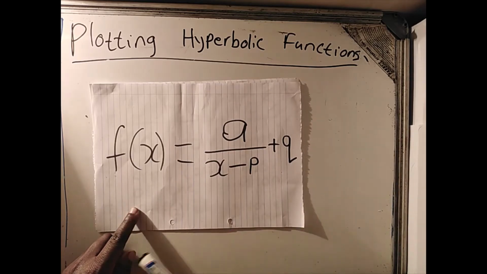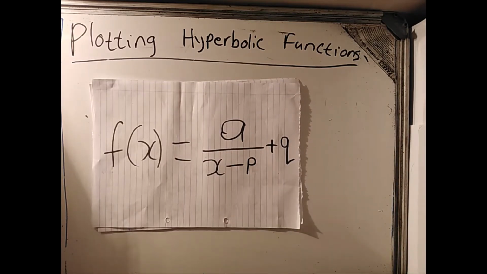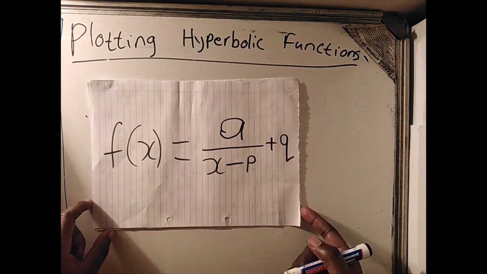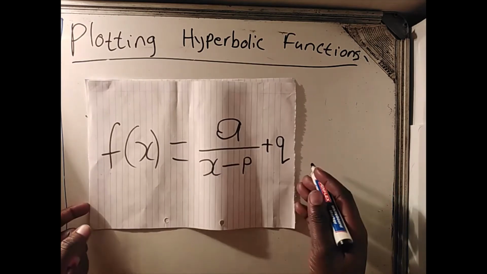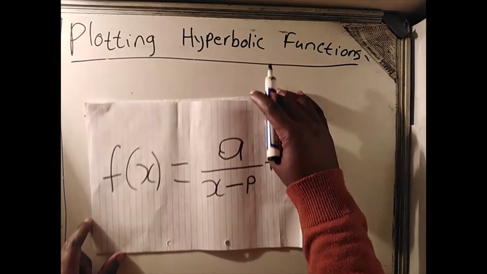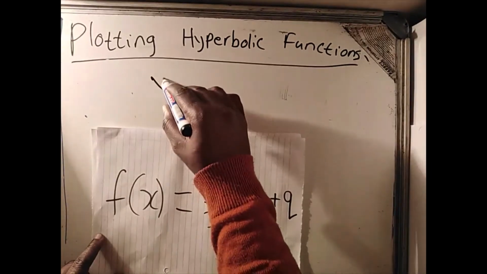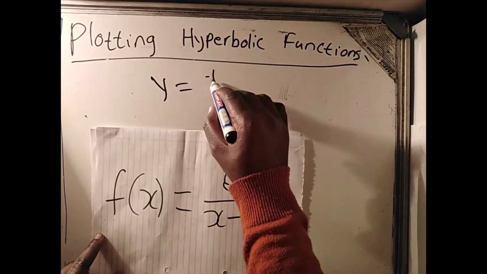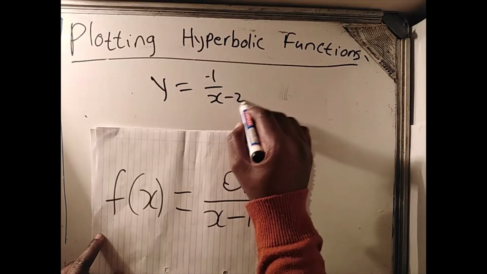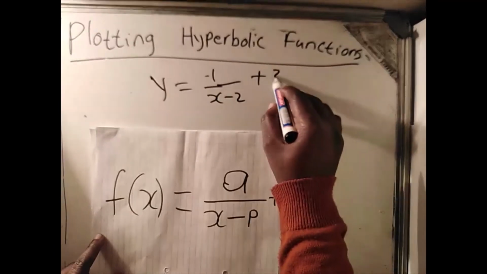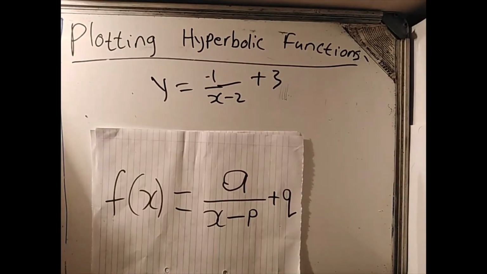So if you see a function in this form, then you must know that that is a hyperbolic function. For example, if you see a function like y is equal to 1 over (x minus 2) plus 3, then this kind of function is a hyperbolic function.